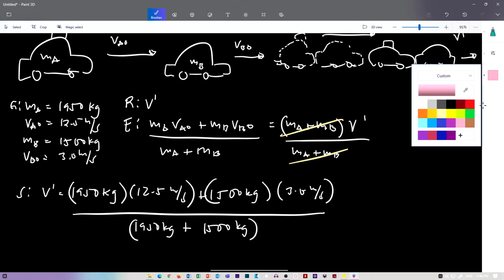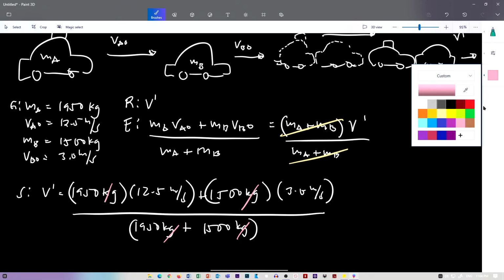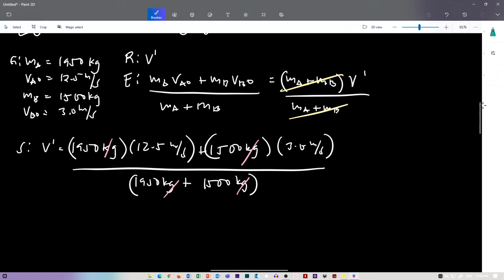Now proceed on canceling the units that you will not be needing, in this case the masses, because what we need is the final velocity.